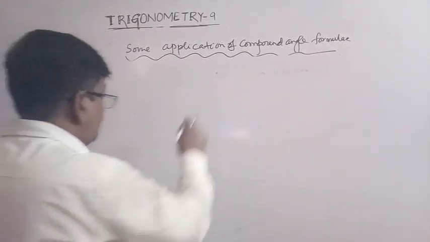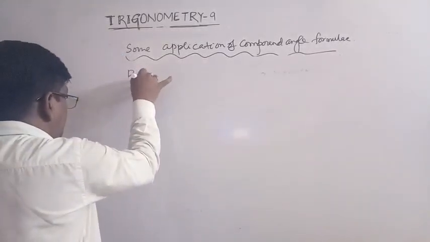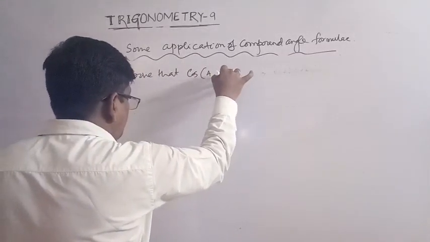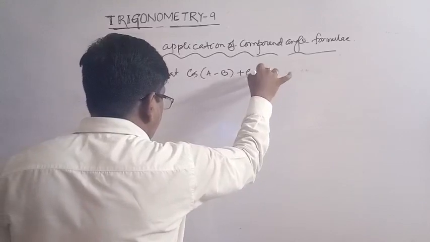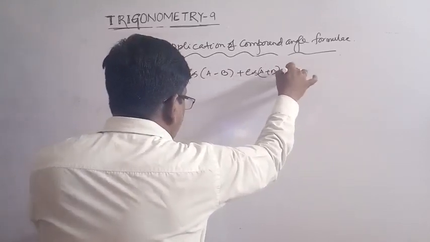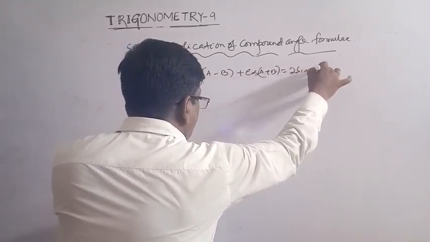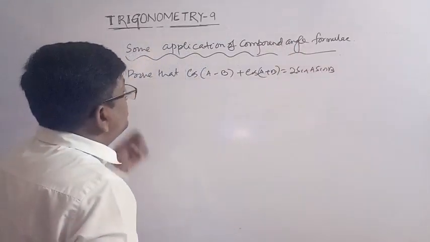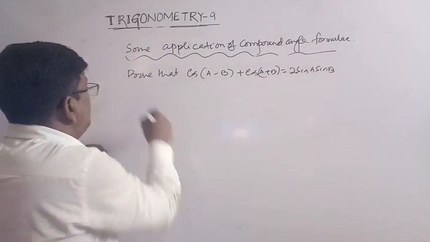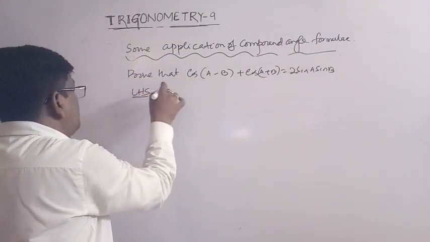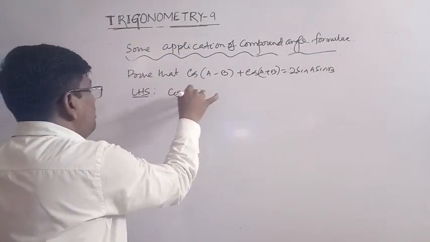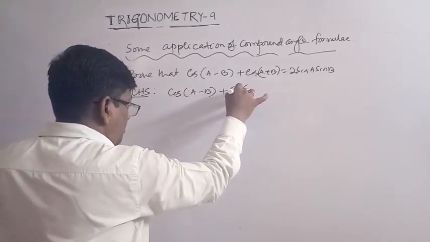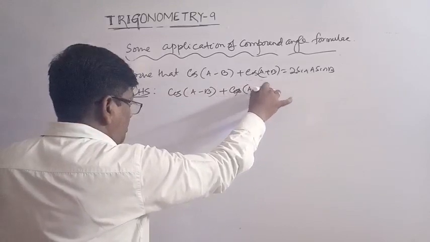Prove that cos(A−B) − cos(A+B) is equal to 2 sin A sin B. This is the same concept. Apply the cos(A−B) formula and the cos(A+B) formula. So cos(A−B) is cos A cos B + sin A sin B. Then cos(A+B) is cos A cos B − sin A sin B. Sorry, this is minus sin.